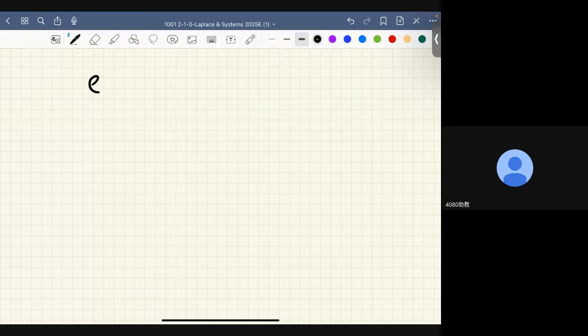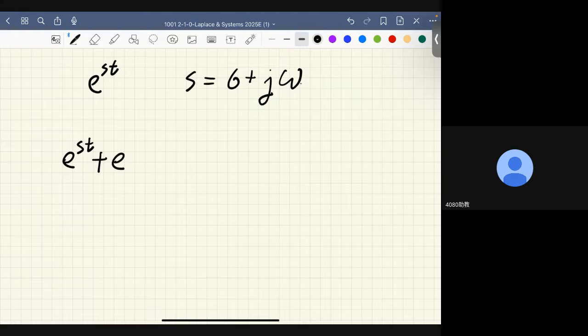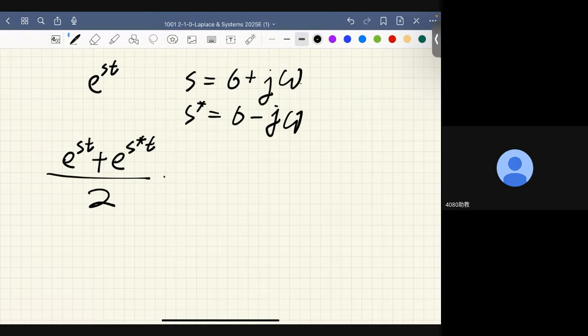When dealing with e to the st and s is a complex number, it can be shown that e^(st) plus e^(s*t) divided by 2, where s* represents the complex conjugate of s, will give us e^(σt) cosine ωt.